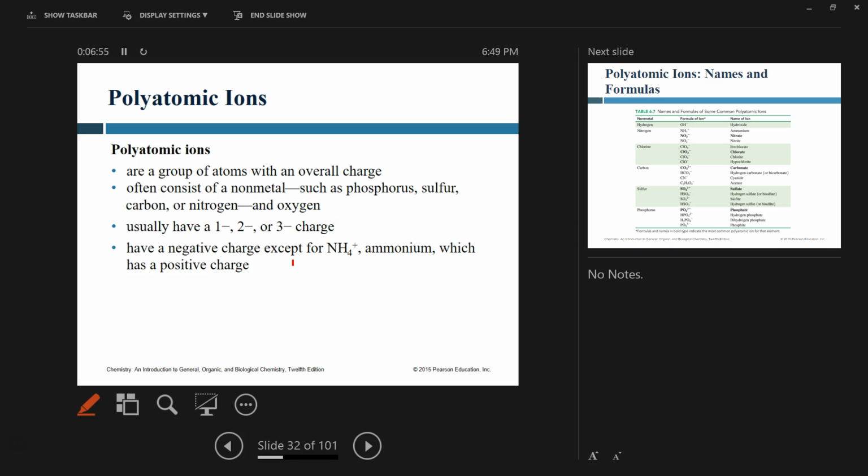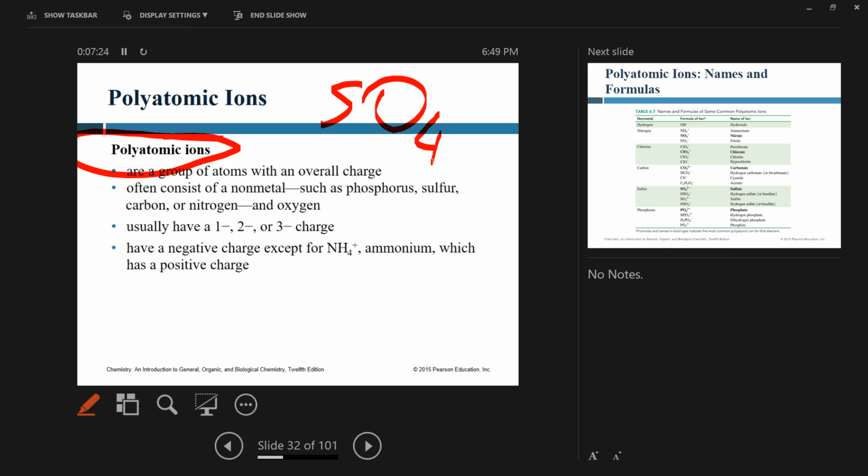And what you have to understand is that polyatomic anions, or sometimes there are cations, polyatomic ions consist of several atoms, like this one, SO4. So it consists of 5 atoms, 1 atom of sulfur and 4 atoms of oxygen.